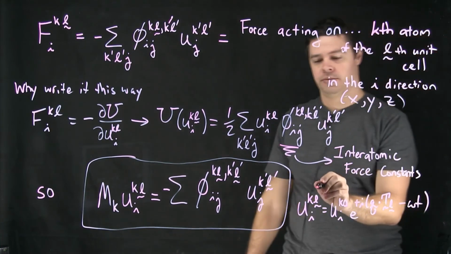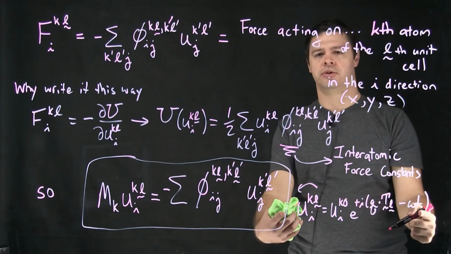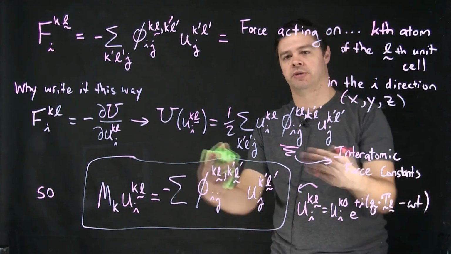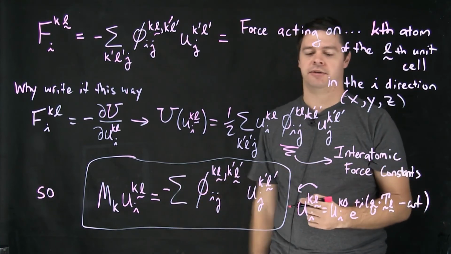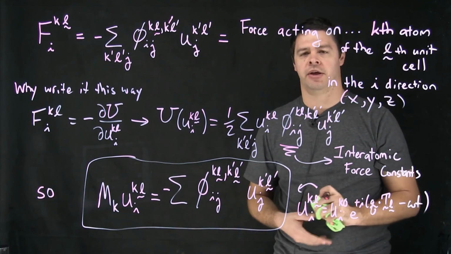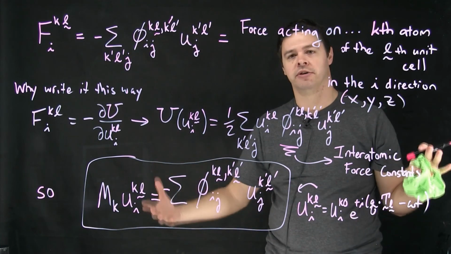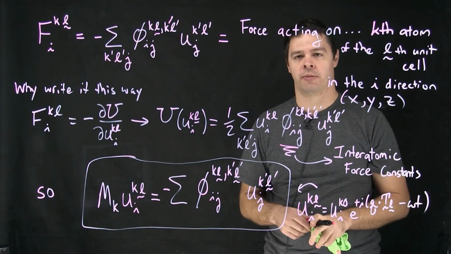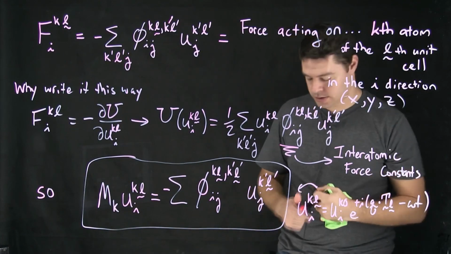This is the solution we're seeking for the displacements. We plug that in and see what it gives us. That's what I'm going to do next, and we'll see how that turns itself into a nice standard form eigenvalue problem. All right.